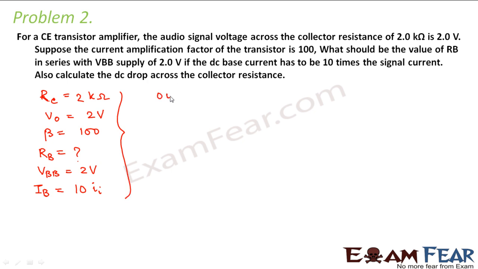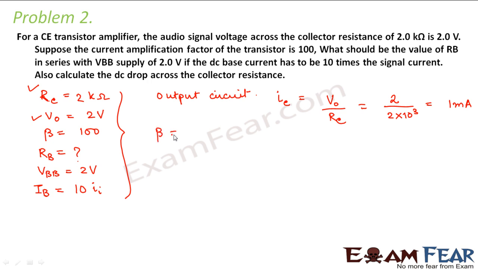Now let us look at the output circuit first. In the output circuit, the output voltage and the output resistance is given. So I can calculate the output current or the collector current, which will be V output divided by RC, that is equal to 2 divided by 2 into 10 to the power 3, which comes out to be 1 milliampere.